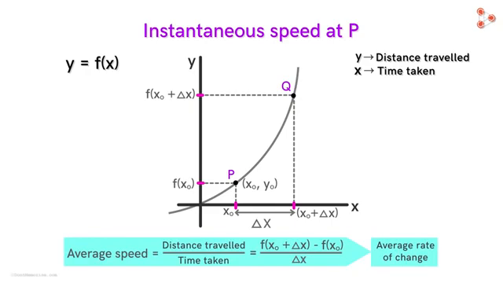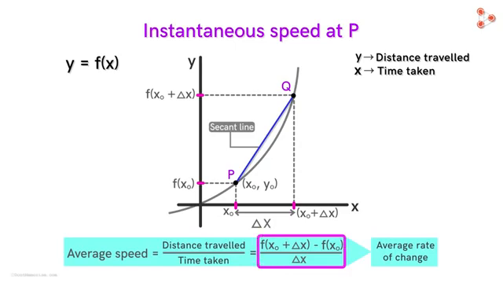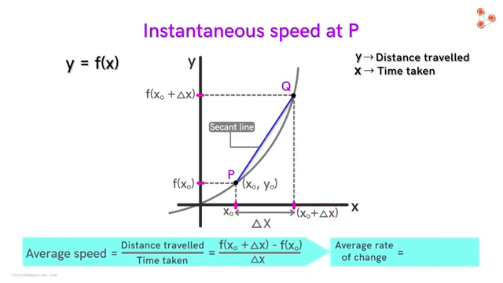Now let's say we draw a straight line between these 2 points. It's called the secant line. We see that the slope of this secant line will be equal to the average speed in the time interval delta x. So we see that the average rate of change between two values of x is equal to the slope of the secant line between the corresponding points on the curve.